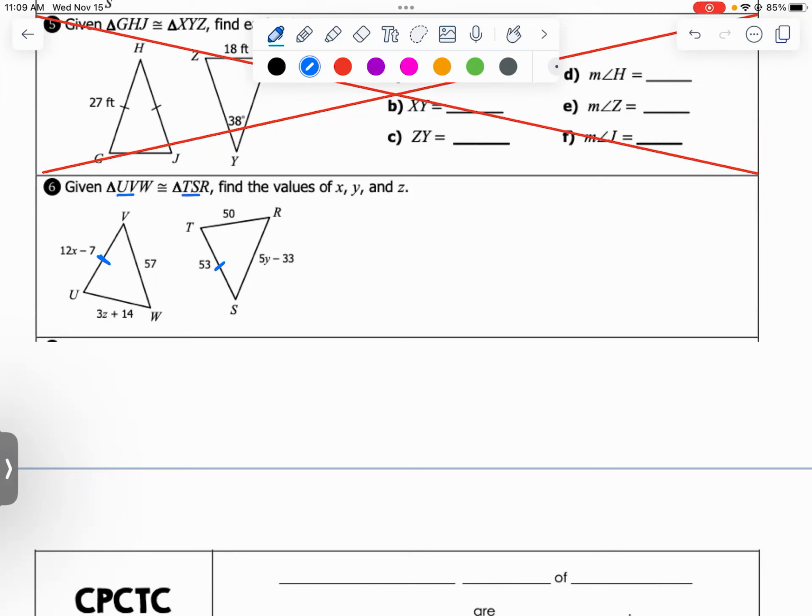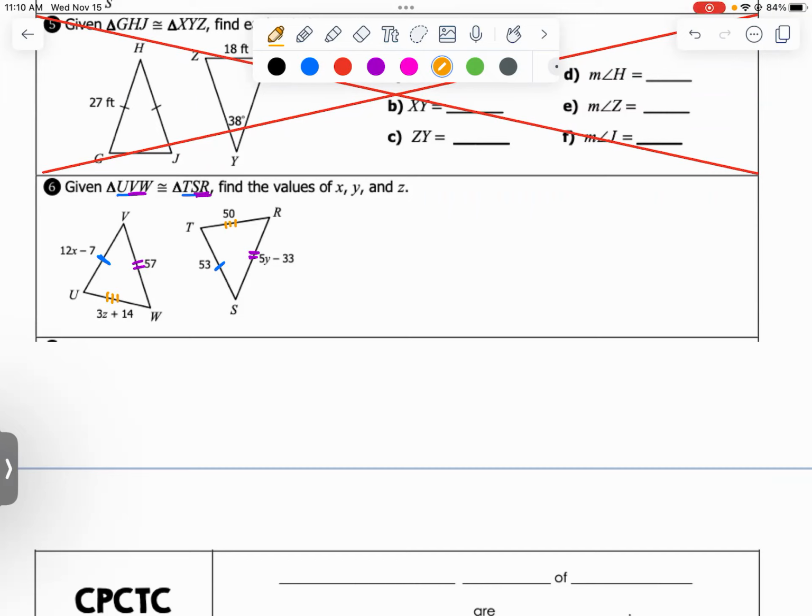Okay. What about VW? VW corresponds with SR. So I'm going to put them with 2 little tick marks. And then UW, I'm going to put 3 little tick marks, is going to correspond to TR.